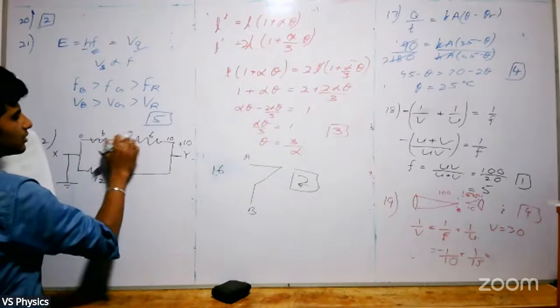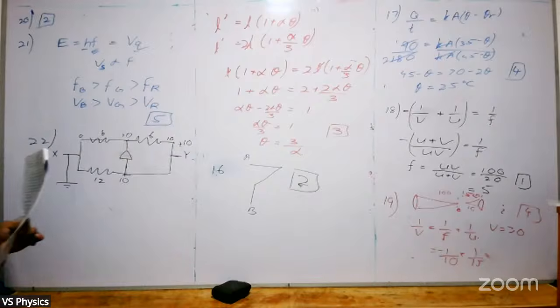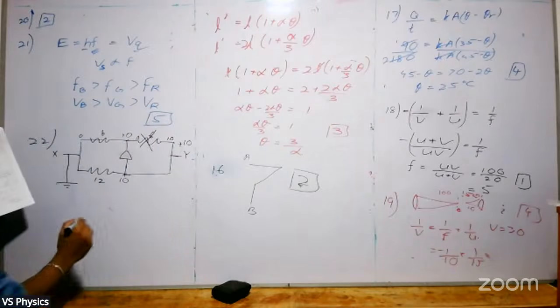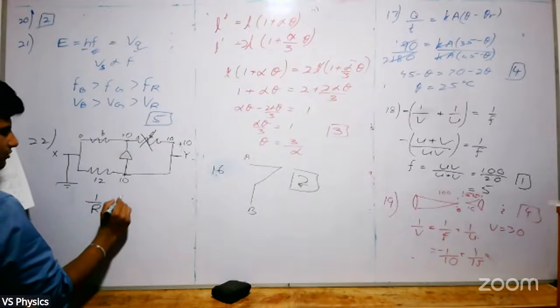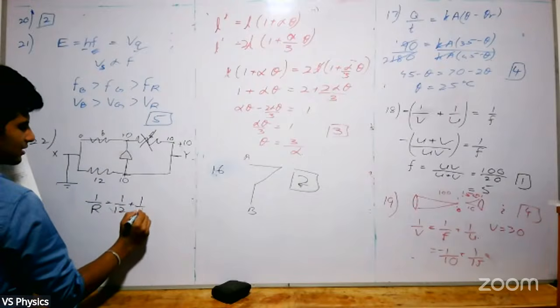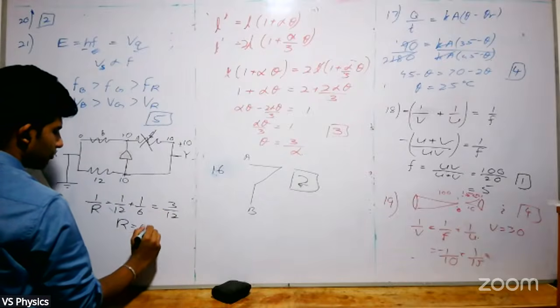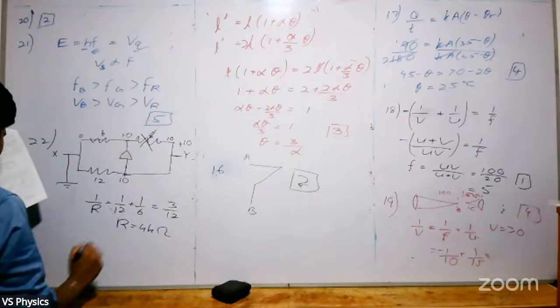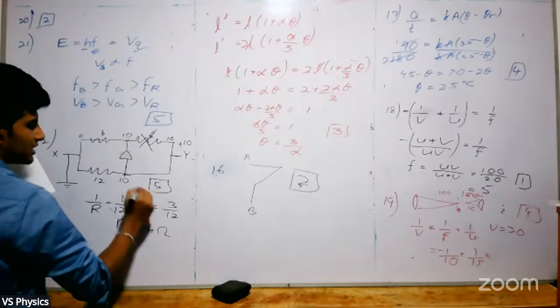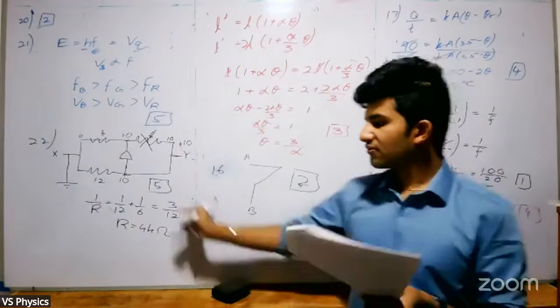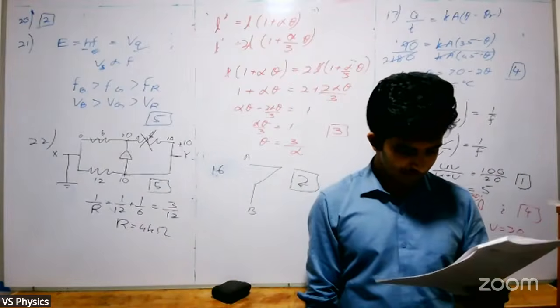If that becomes 10, these resistances cancel. 1 over R equals 1 over 12 plus 1 over 6, so R equals 4 kilo ohms. That directly gives you the fifth answer. No need to think about anything else.